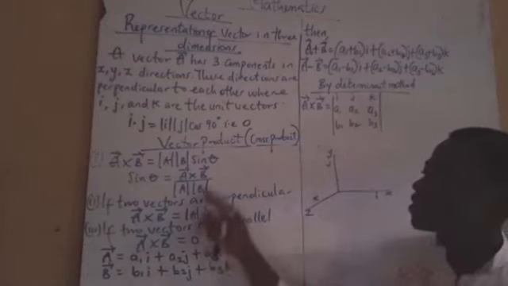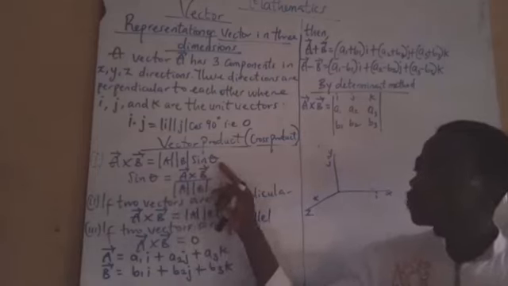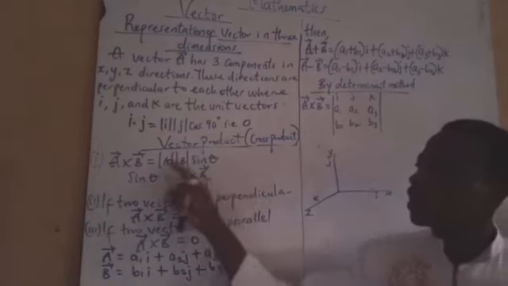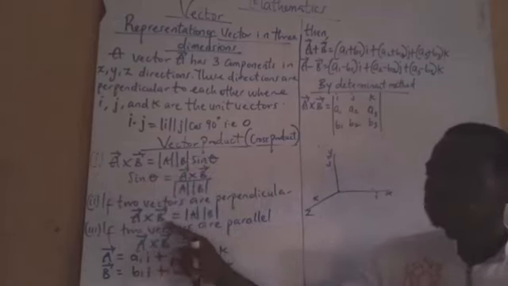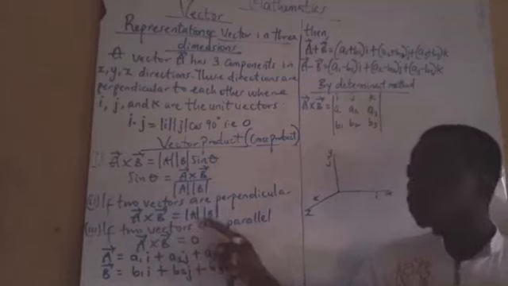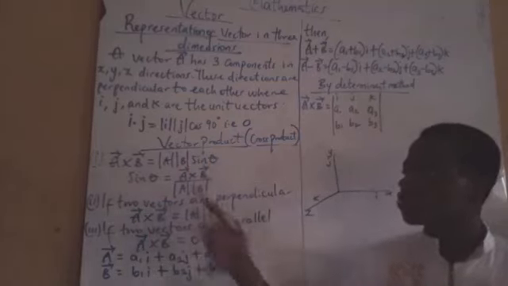So when theta is 90 degrees in this formula, sin 90 will give us what? 1. And if 1 multiplies everything here, vector A cross vector B will be equal to magnitude of A times magnitude of B. That is, sin 90 equals 1.